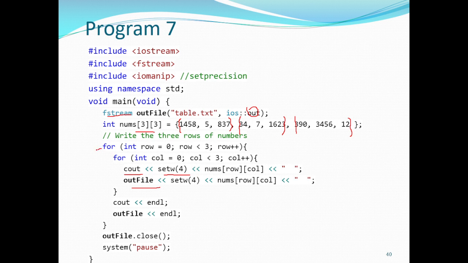These for loops are writing the same message to the screen as well as to the file, and then at the very end we are writing new lines in the file and on the screen. And be careful, we are always closing our file at the end.